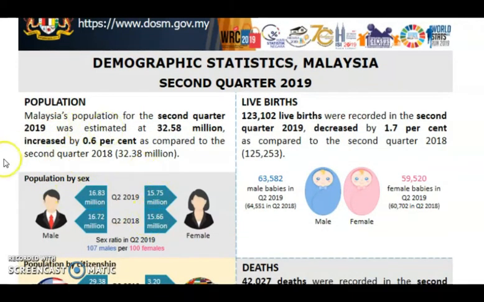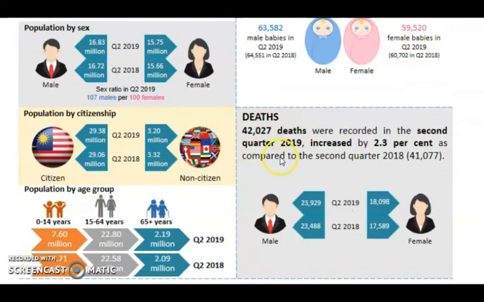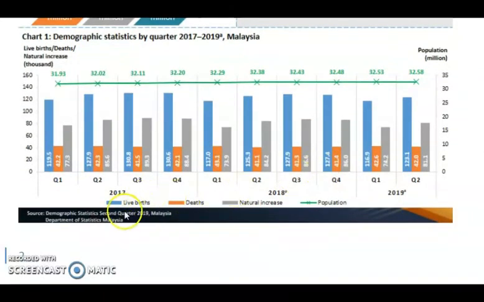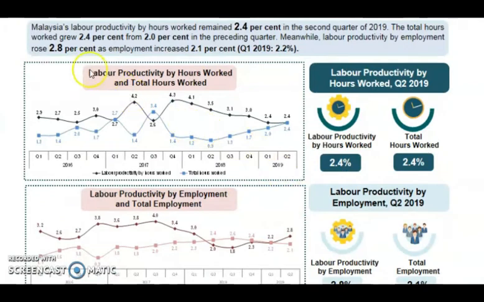This is the demographic statistics in Malaysia. We have the statistics of live births. We also have the deaths recorded in the second quarter. And this is the graph to see the live births, the deaths, the natural increase, and the population. This is about the labor productivity by hours worked and total hours worked.